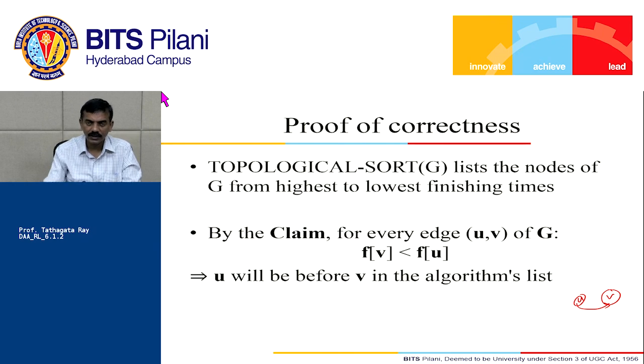So fu is greater than fv, so u will be before v in the algorithm's list. u will come first, it must be in the front, and that's why I will get this ordering. Hence our claim that this does give us a topological sort.